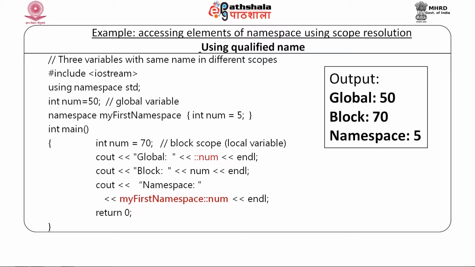The element of the block can be accessed simply by the name of the variable itself, num, and if we want to use the num of the MyFirstNamespace scope, we need to use the fully qualified name MyFirstNamespace::num. You can see the output here, the value of the global is displayed as 50, the value of num in the block is 70, and the value of num in the namespace is 5.